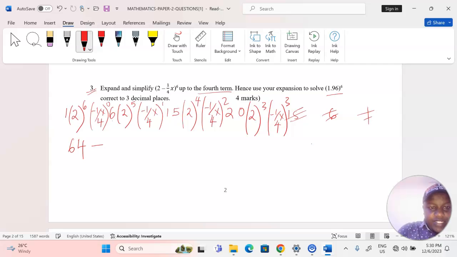This is 6 multiplied by 2 power 5, which is 32. Then we have negative a quarter x raised to 1, it remains the same. Therefore, we get 6 times 32 times a quarter, which has a negative. So we get 48.